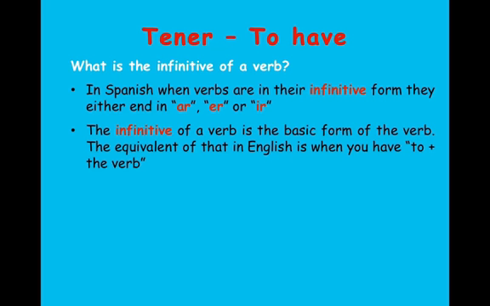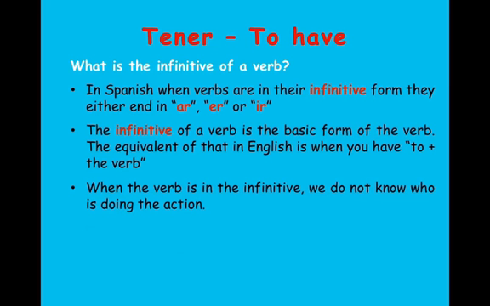Those are other examples. So you have the verb with the to, that's the basic form of that verb. When the verb is in the infinitive, we do not know who's doing the action. So if I tell you tener, we don't know who's doing the action. If I say correr, we don't know who's doing the action.